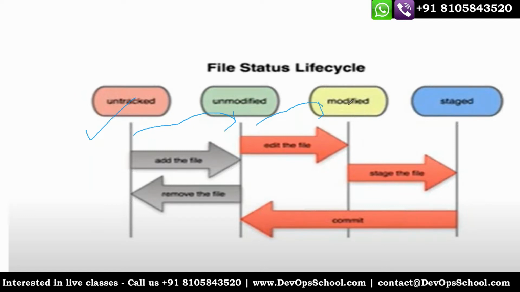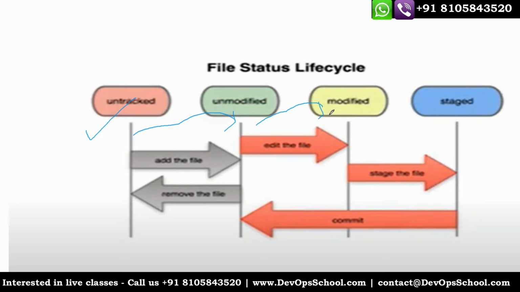The next stage is modified, which means you make changes in the file. You started to track it, and now you made some changes in that file, so that stage is called modified. You edited the file, and the last stage is staged. That means you are making that file ready to get committed.